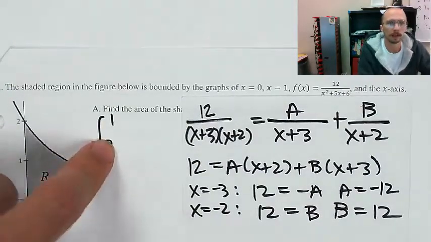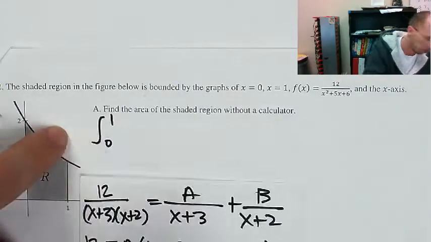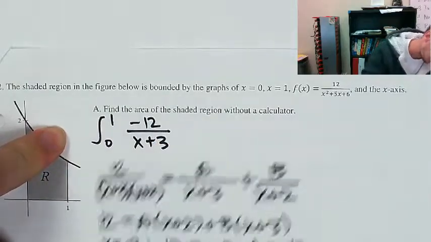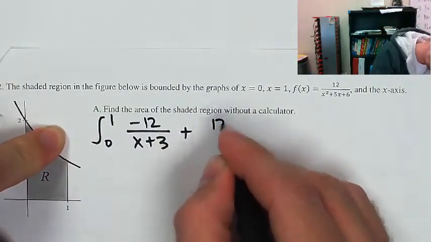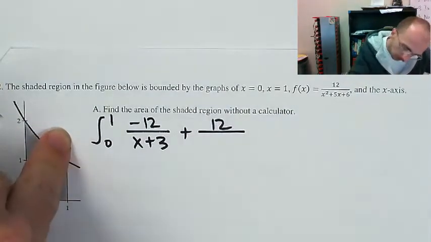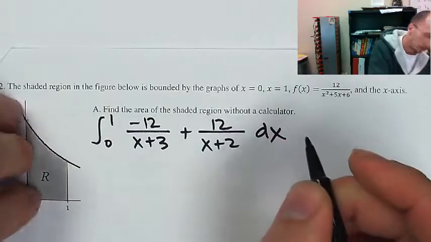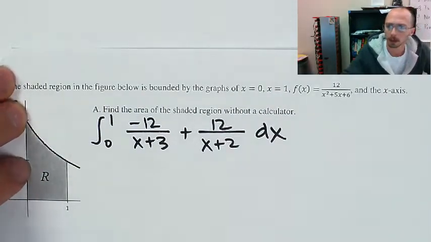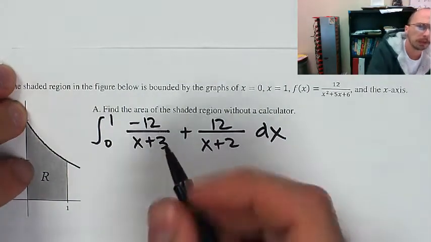So now I'm ready to write this as, okay, a was negative 12. So negative 12 over x plus 3. And then b was positive 12, so plus 12 over, what was that one? X plus 2. Okay. So then, lost myself.